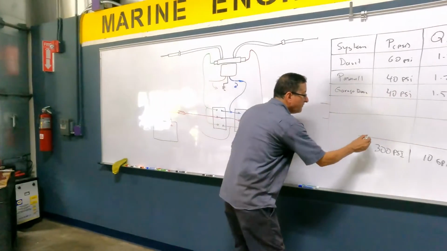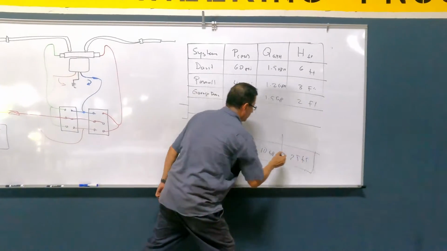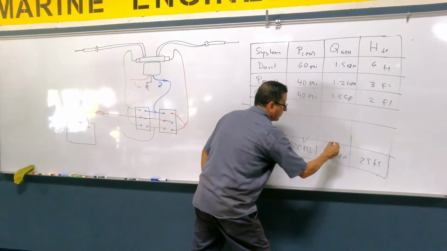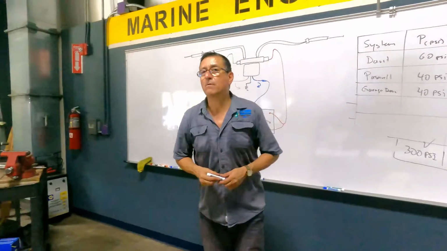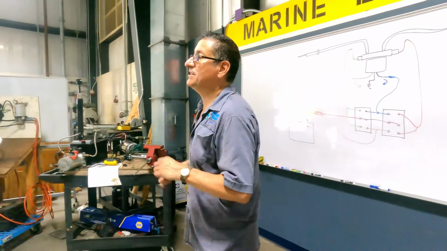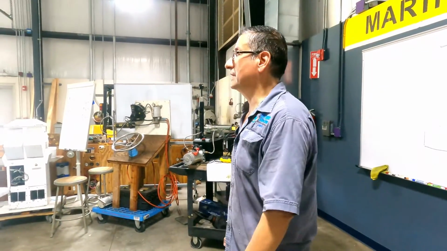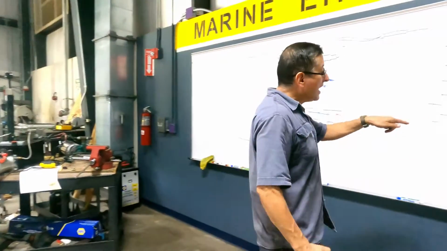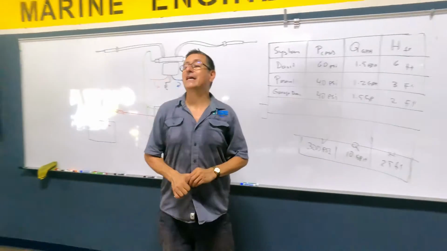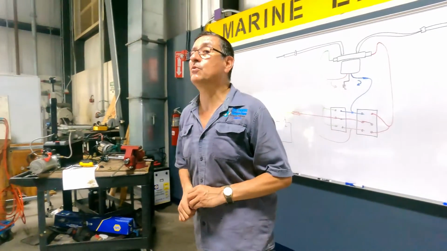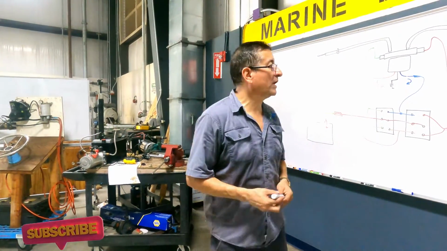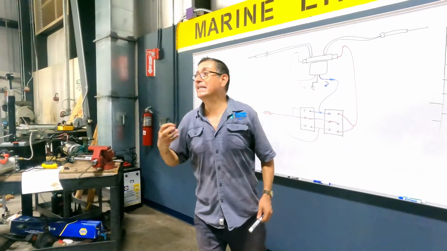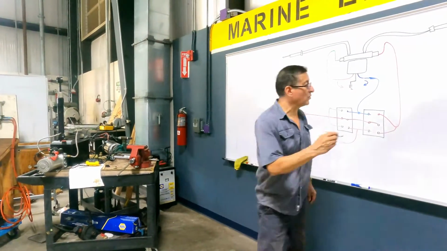With this information about the pressure, the flow, and the head, you select the pump on the internet. This is the hydraulic pump that I need. Now, with that pressure and that flow, you can calculate the horsepower. You remember the formula to calculate the horsepower I need in the electric motor?